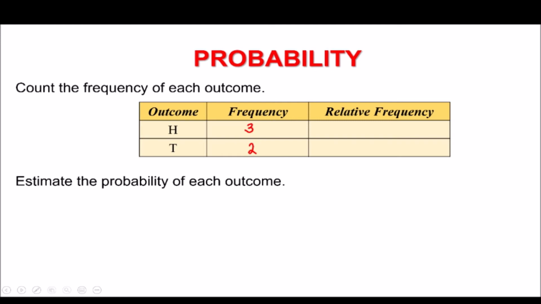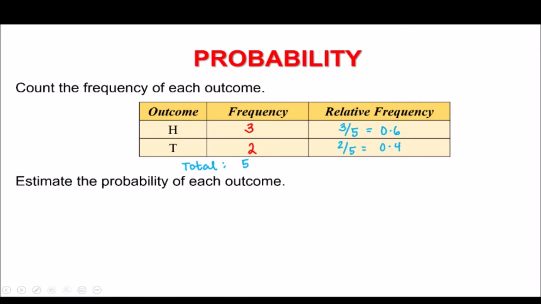Remember, the total number of trials is five. So to calculate the relative frequency, we will divide the frequency of each outcome by the total number of trials. So the relative frequency of getting a head is 3 over 5, or in decimal, 0.6. And the relative frequency of getting a tail is 2 over 5, or 0.4.